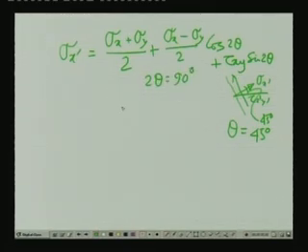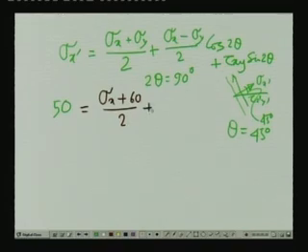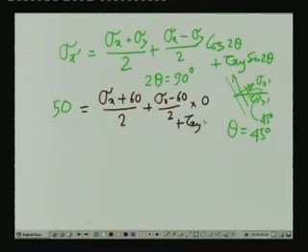Now, sigma x dashed is given as 50. So 50 is equal to sigma x plus sigma y by 2, and sigma y is 60, so sigma x plus 60 by 2, plus sigma x minus 60 by 2 times cos of 90, which is 0, plus tau xy sin of 90, which is 1.